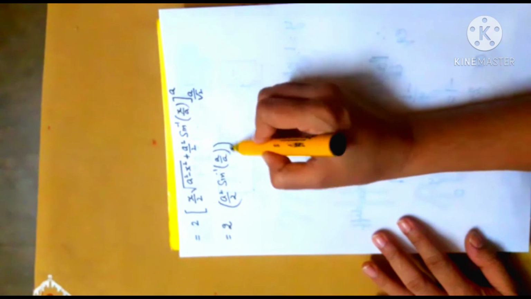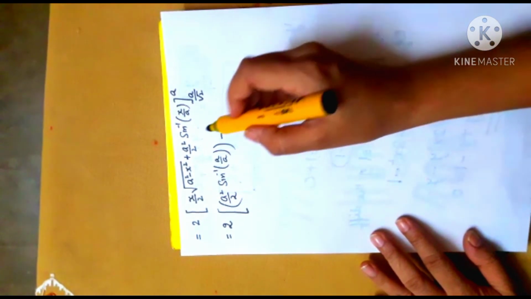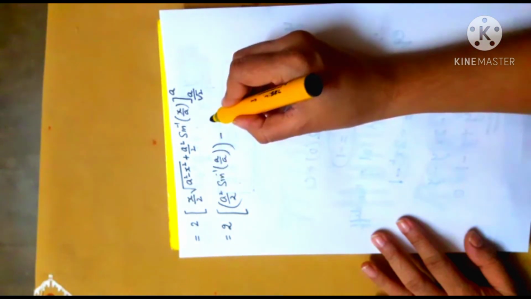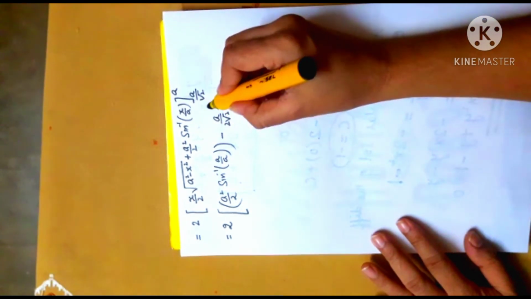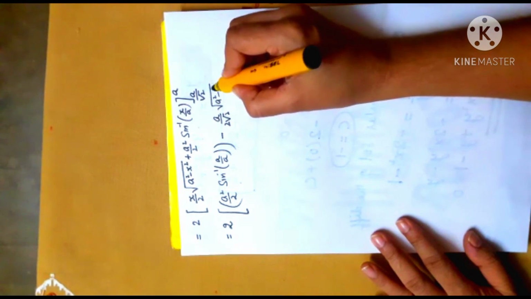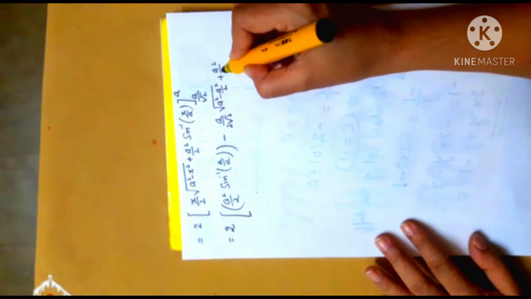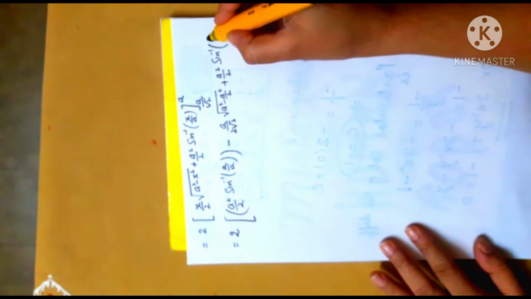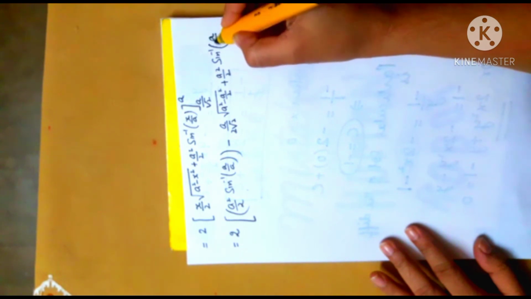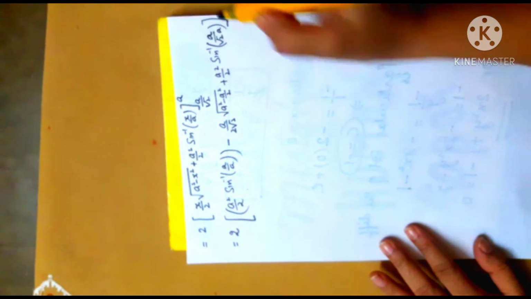This is the value at the upper limit minus the value at the lower limit. So here I'll get a over 2 root 2, this is a square minus a square by 2, plus a square over 2 sine inverse a over root 2 and this a, right?